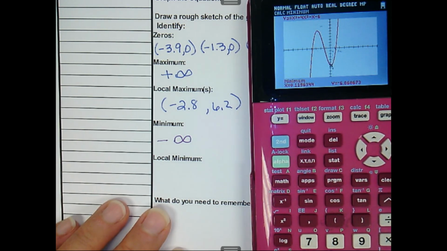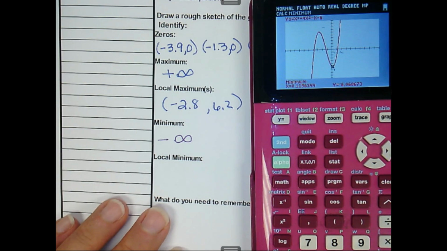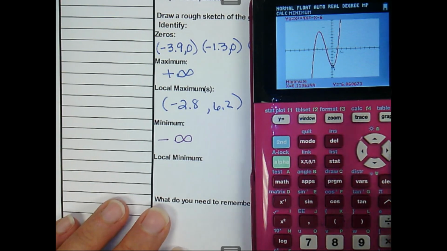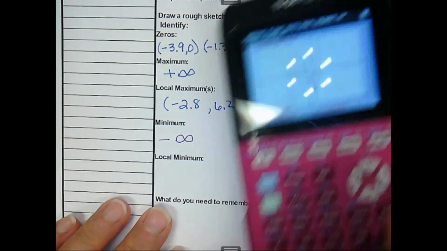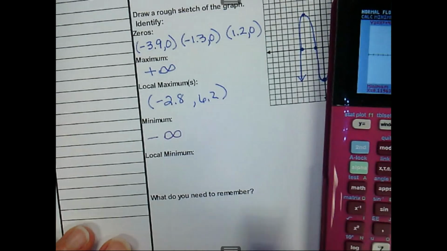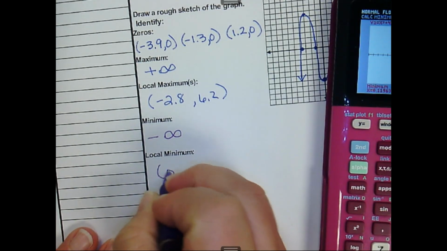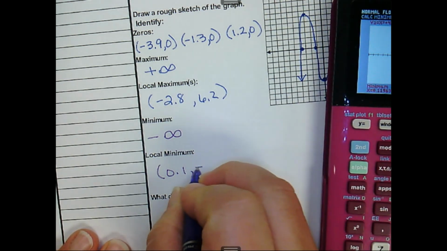Hit enter again. You do not have to try to put that little cursor on top. It will move itself. So this is positive 0.1 and negative 6.1.